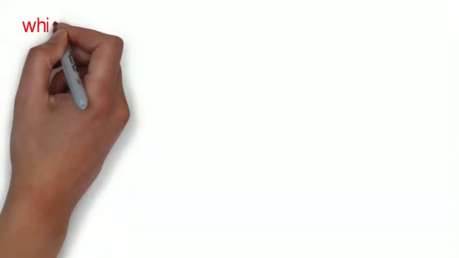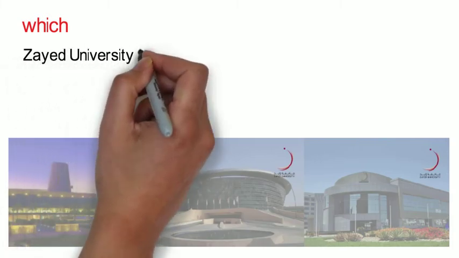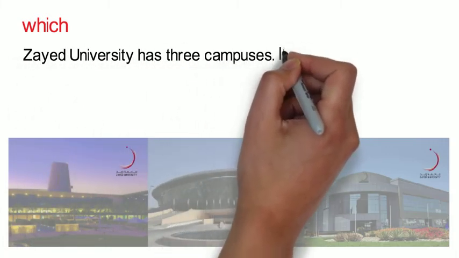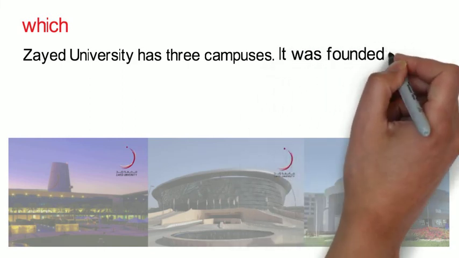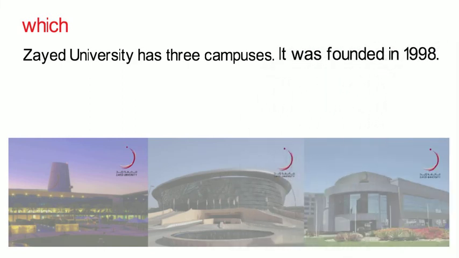Let's look at a sentence that uses which in the middle of it. Here are two sentences. Zayed University has 3 campuses. It was founded in 1998. How can you combine these two sentences to make one sentence with a relative clause? I will give you a few seconds to think about it. Write the answer on your note-taking sheet. Let's look at the first sentence.